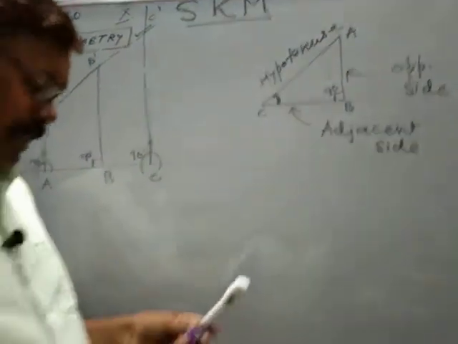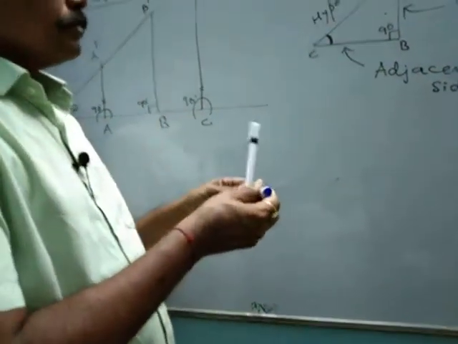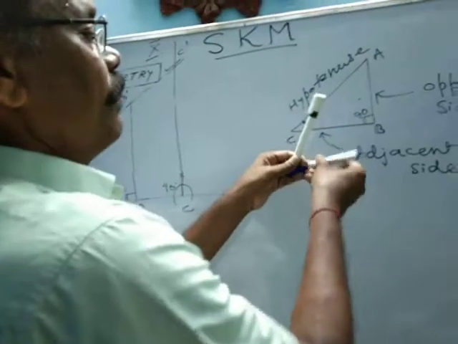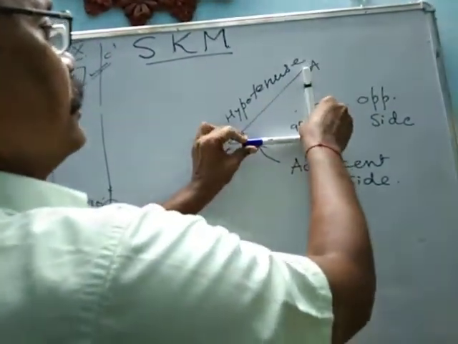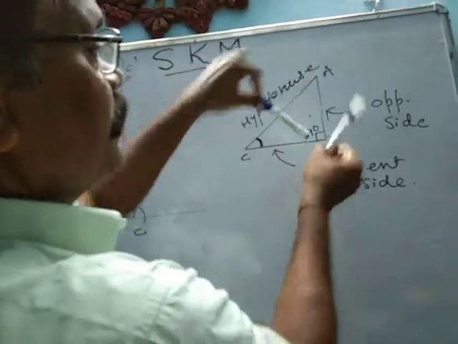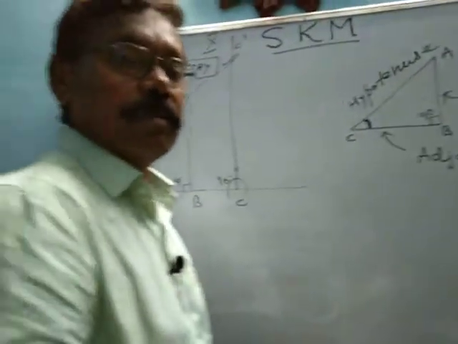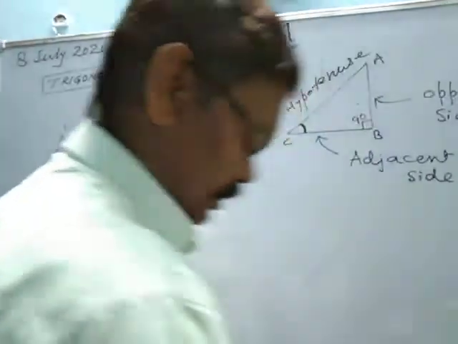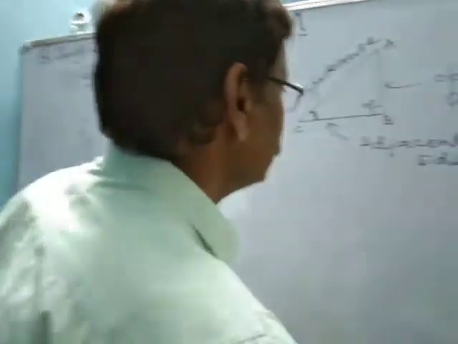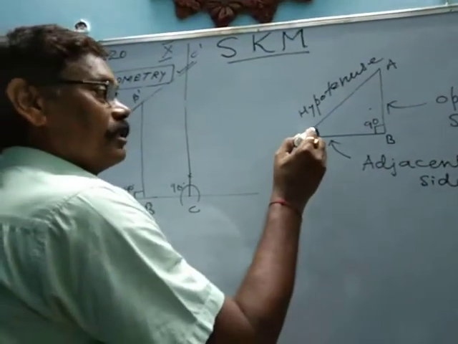If you are having a right angle triangle here, and if I turn it this way, then this perpendicular becomes base and the base becomes perpendicular.